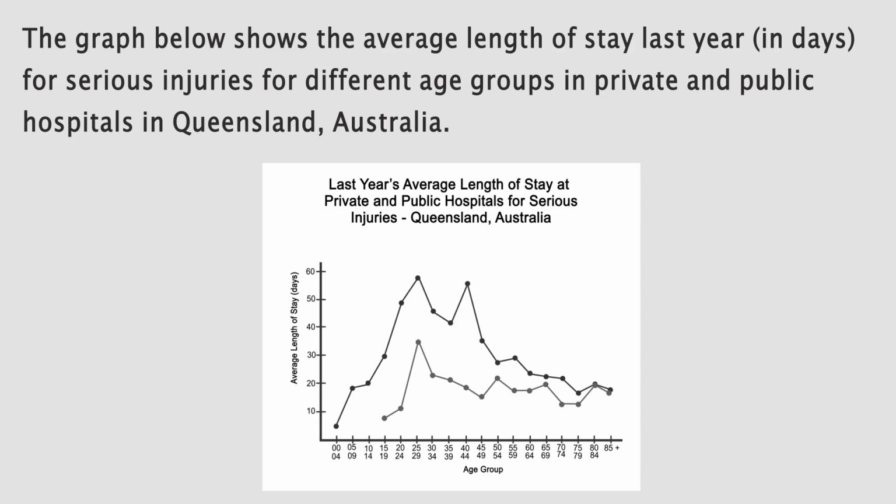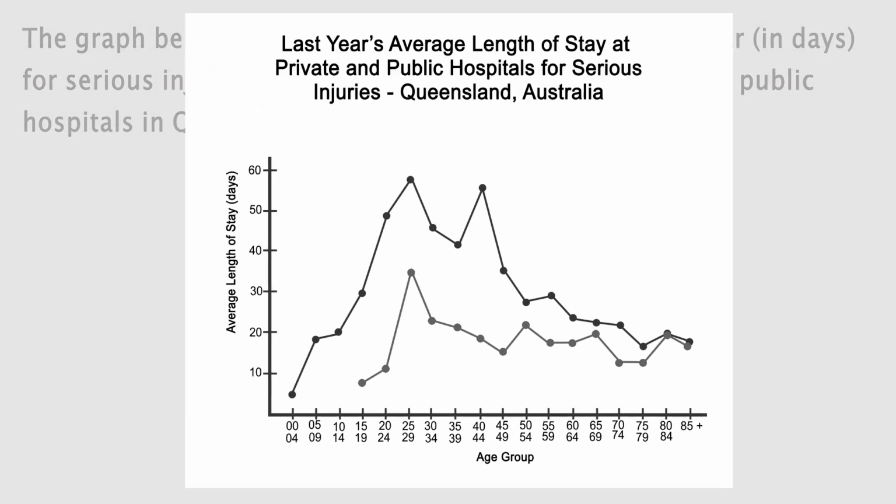All right, now let's first of all take a look at our graph here. Let's see what the graph is all about. On the vertical line, we have the average length of stay, in days. For example, 10 here signifies 10 days, 20 means 20 days.